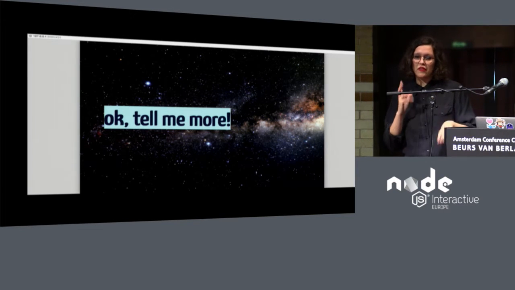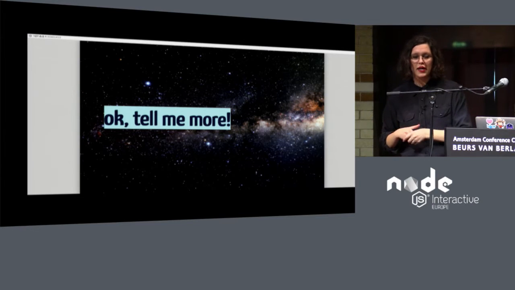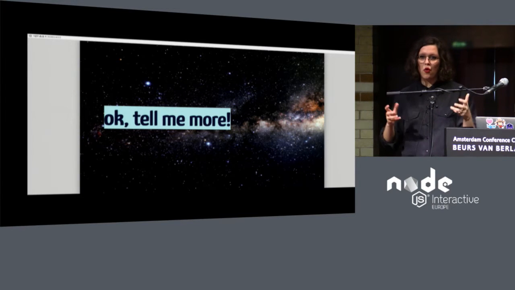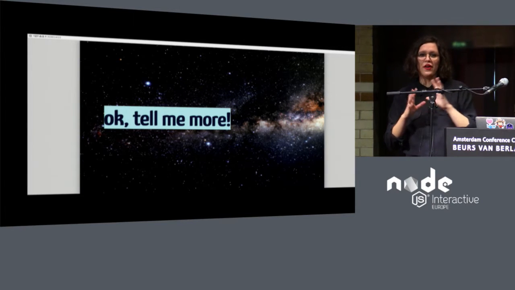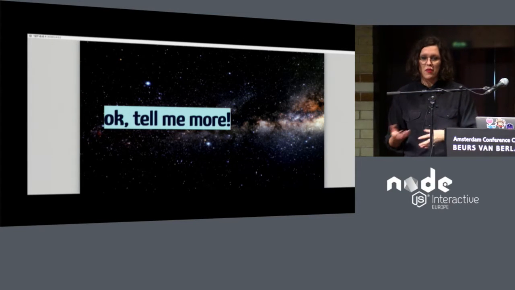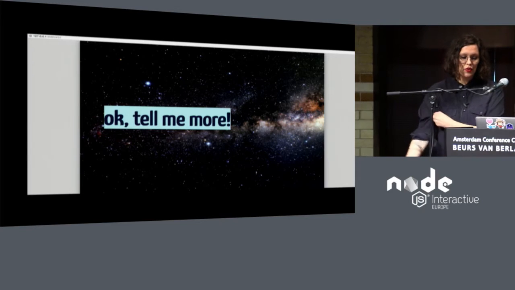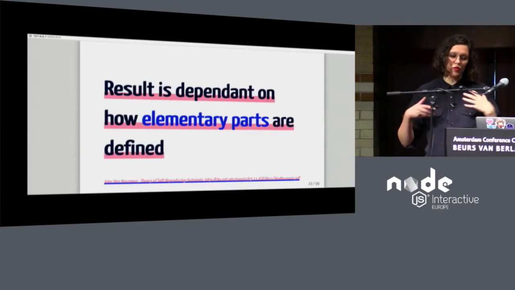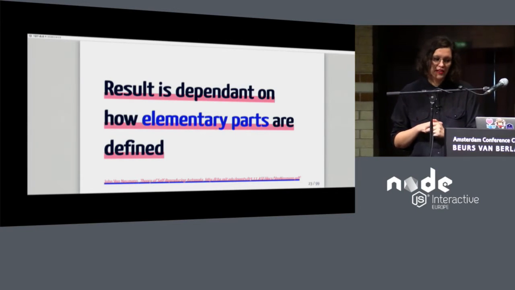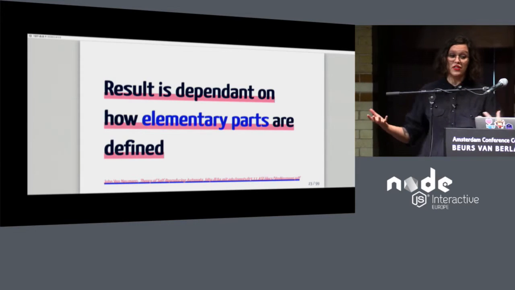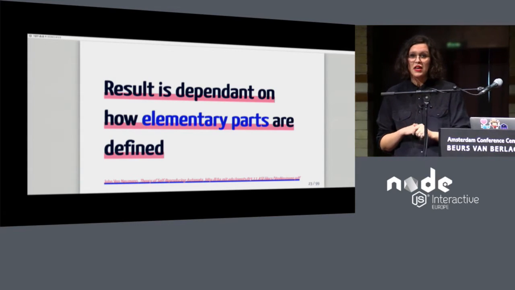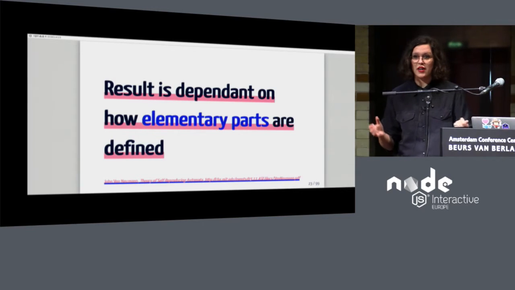As I was reading through his work, I extracted the four concepts that make an automata the way he would envision the automata to be. Rule number one, or trait number one, is that whatever result comes out of the automata is dependent on how these elementary parts are defined.